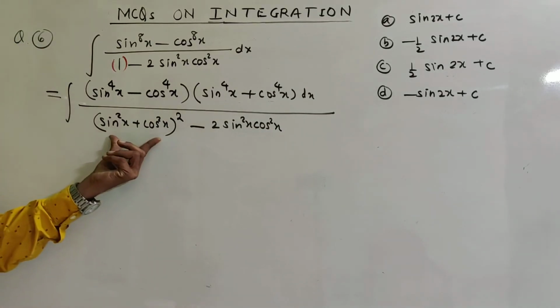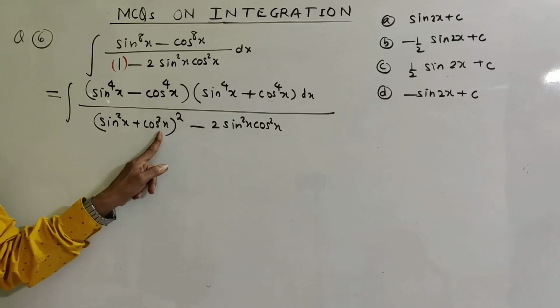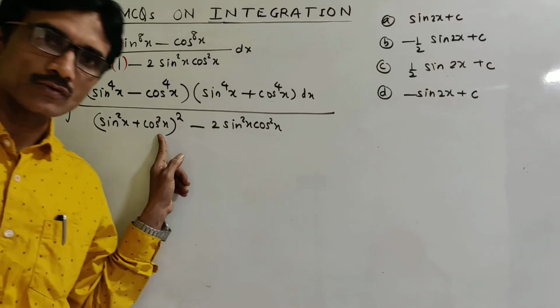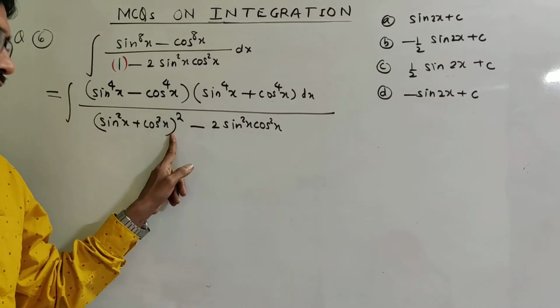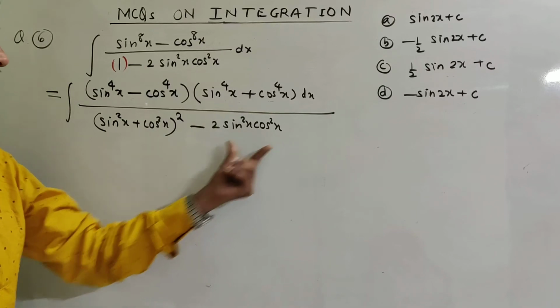Now if we expand it, (a + b)² = a² + 2ab + b², so the expansion of this will be sin⁴x, 2 sin²x cos²x, cos⁴x, and the minus 2 sin²x cos²x will again get cancelled.